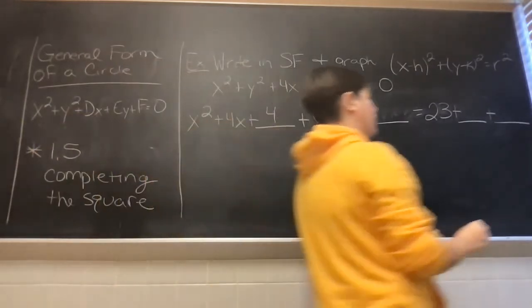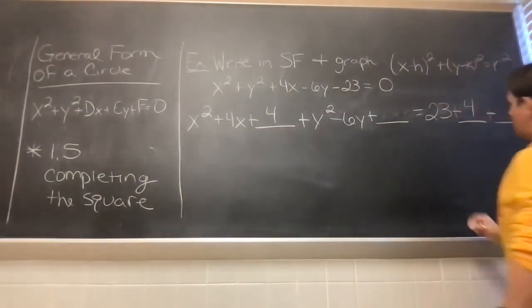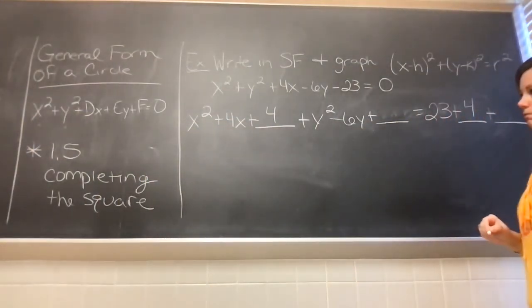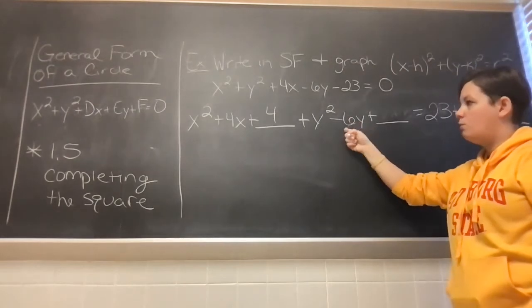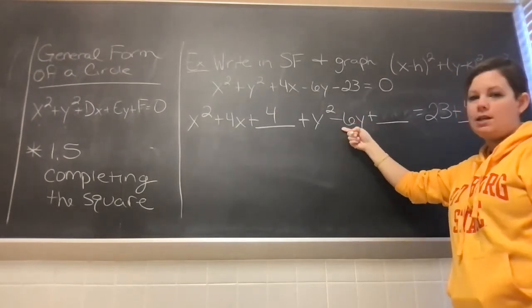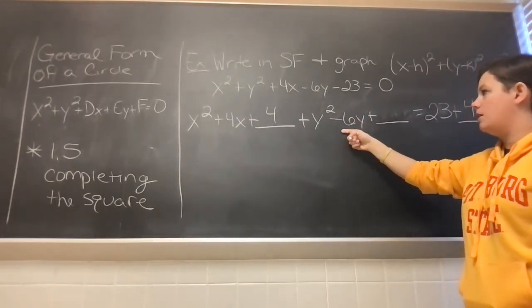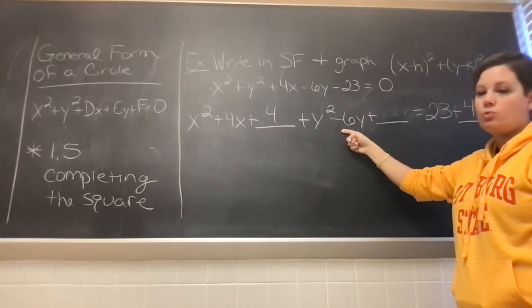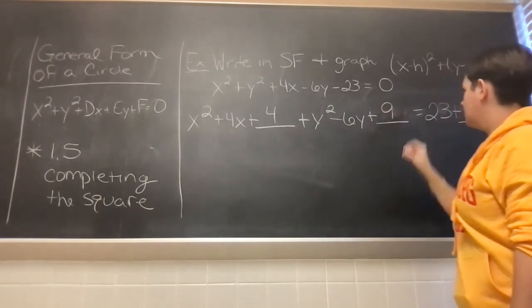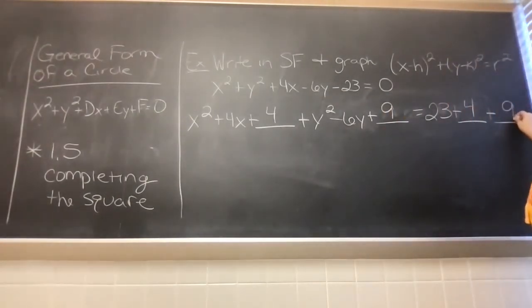I also write it in the first blank on the right-hand side. Then I say, okay, what is half of my b here? Well, it's -3. And if I square that, I get a +9, and I add that over here. Whatever I do on this side, I have to do on this side.